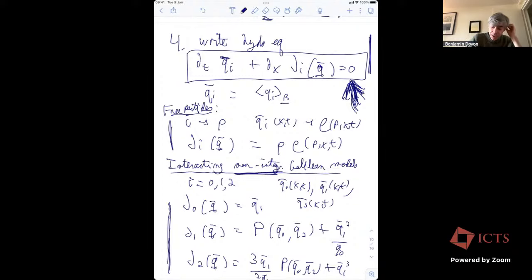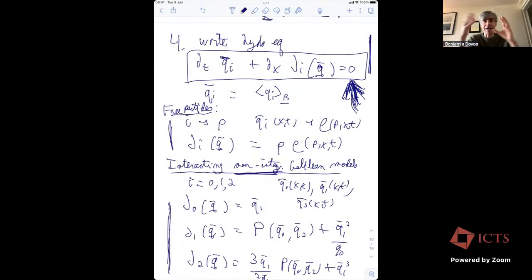And then the currents are functions of these conserved densities, in a relatively simple way: it's just momentum times the conserved density. So you just have to multiply by the momentum and you get the current. And this is natural because particles go freely. If a particle has momentum p, mass 1, it has velocity p, and that gives you the current.